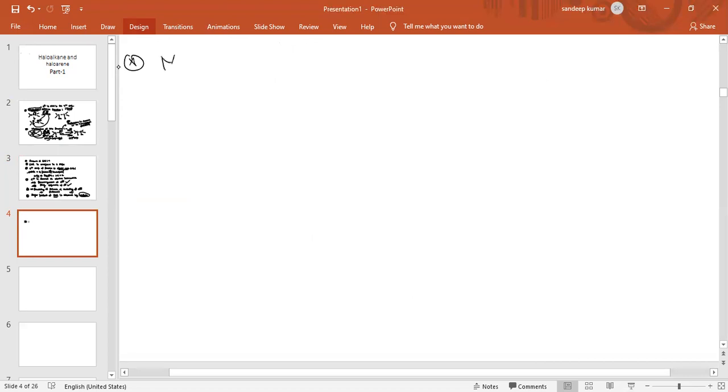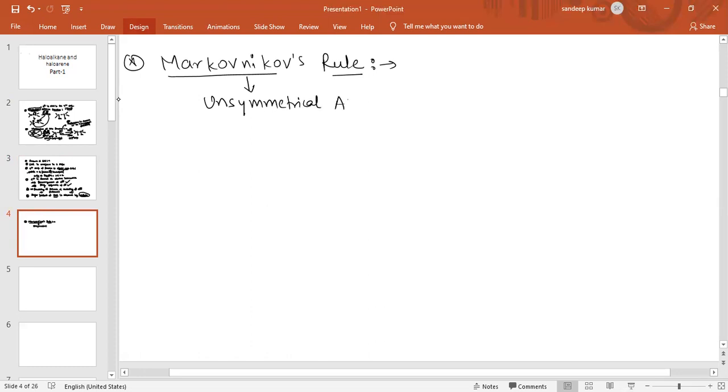See, what is Markovnikov's rule? This is very easy. We apply Markovnikov's rule for unsymmetrical alkenes.